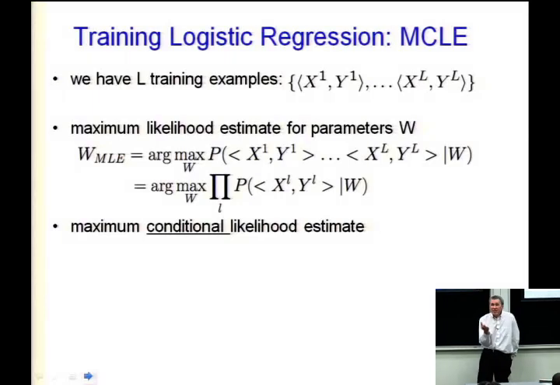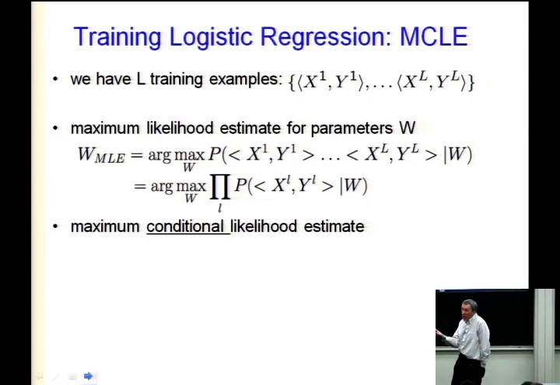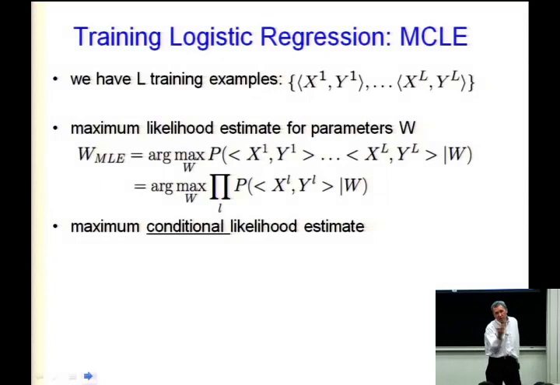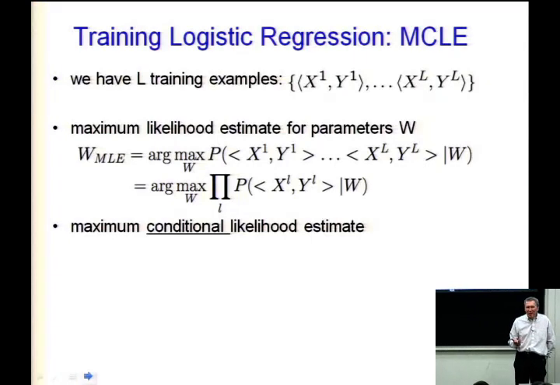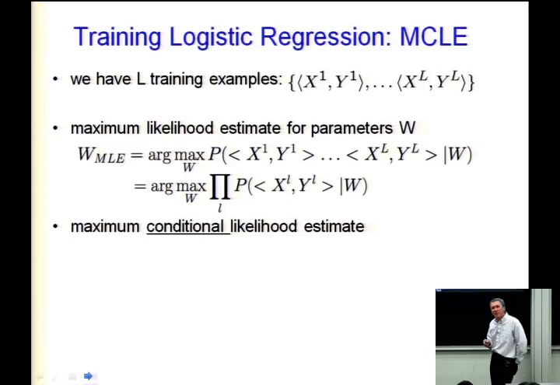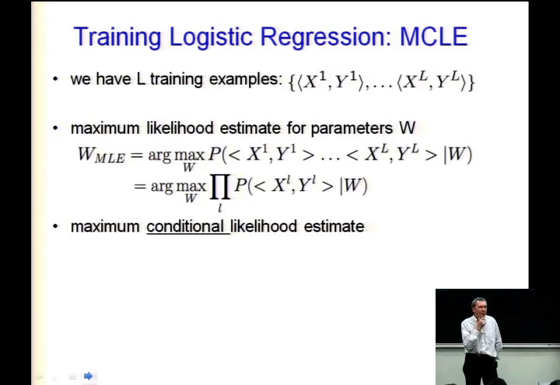So now, we already said one way to train that, of course, is to go ahead and train our Gaussian naive Bayes and then just use the arithmetic to convert those u's and sigmas into the equivalent w sub i's here. But we can also train it directly. In fact, this is the second reason why I like logistic regression. So we don't actually have to go through that intermediate stuff. We could train it directly.